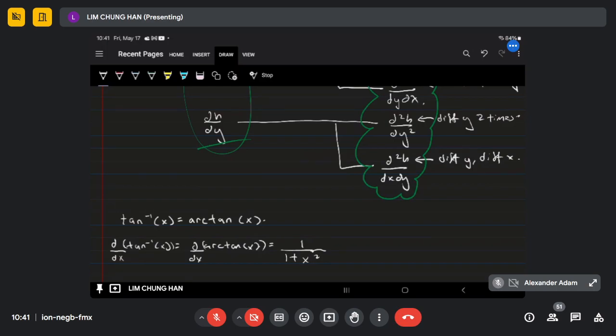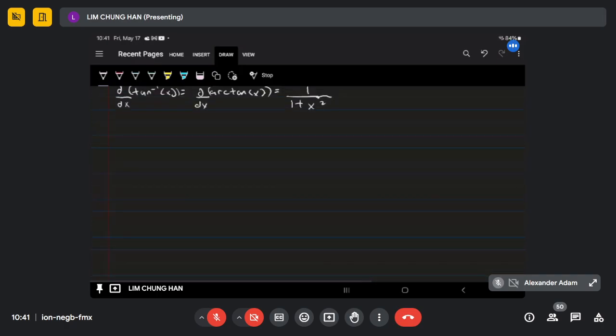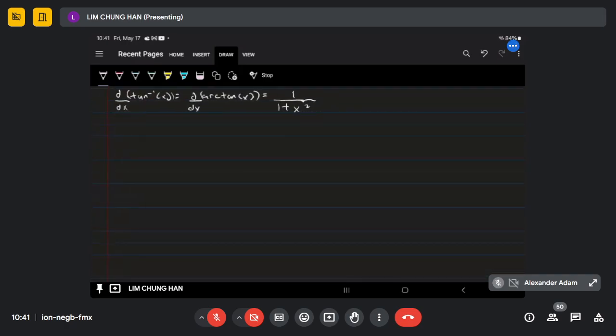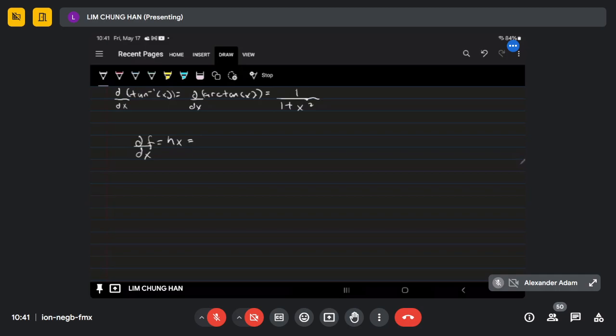let's solve this thing. So to get the second partials, you need to do your first partial. So your first partial means your df dx, or I can write it simply hx if I want to. Okay, it means the same thing.